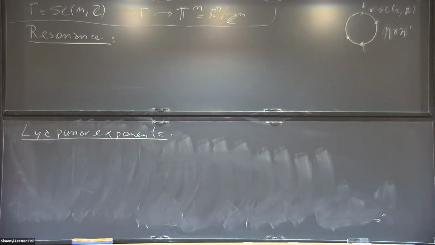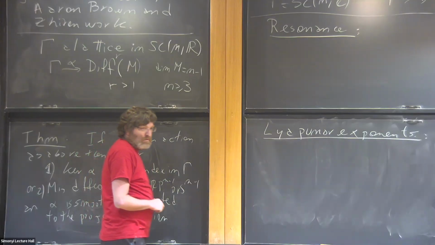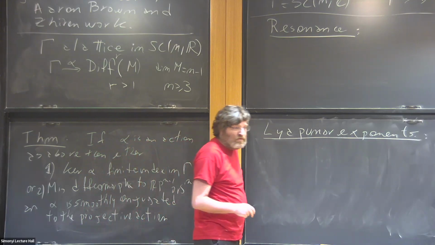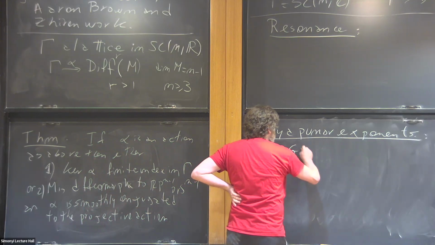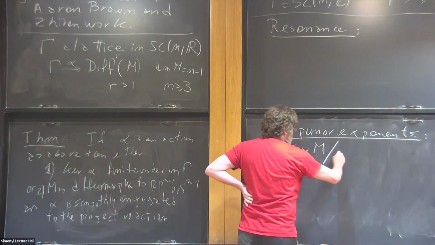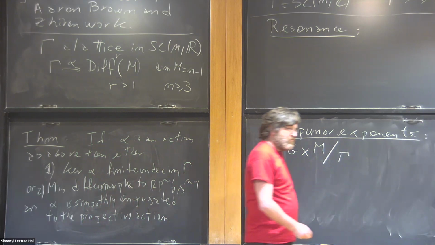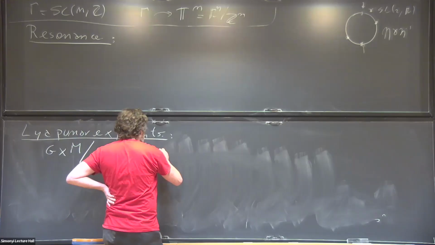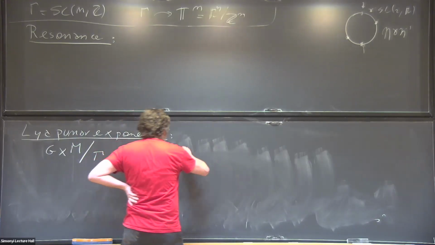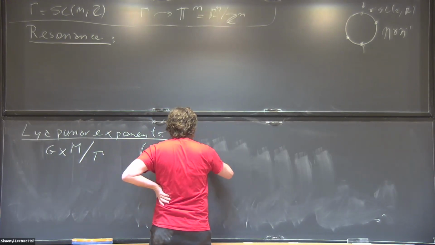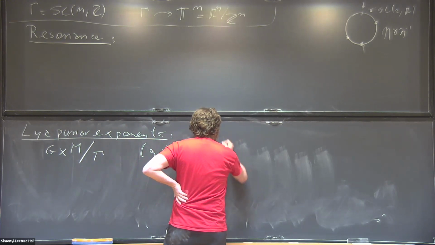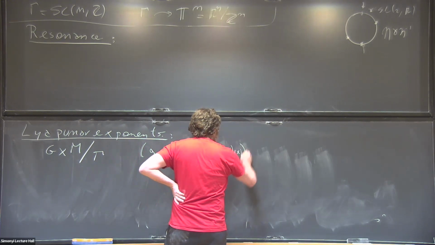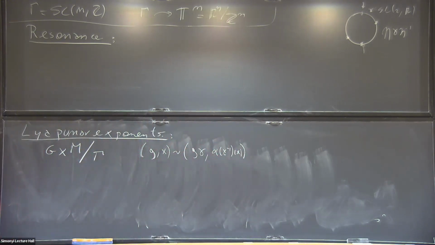So you do the following construction. Gamma is the acting group. We want to extend to a G action. So we just take G times M and quotient by gamma.